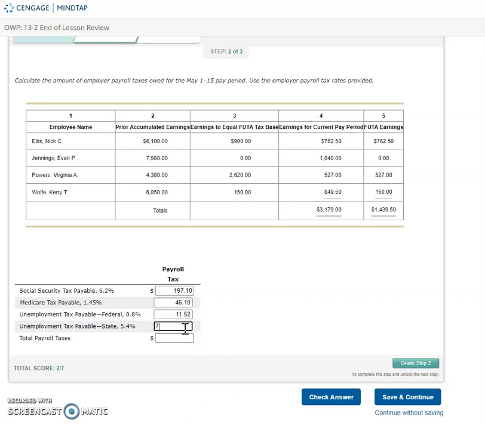So for SUTA, I get 77.73. To get my total payroll taxes, I'm going to add all of those together. And I get a total of 332.45. So I'm going to grade step 2.